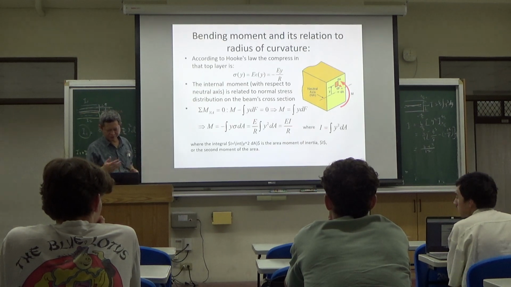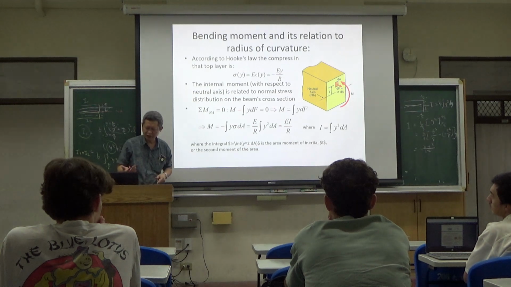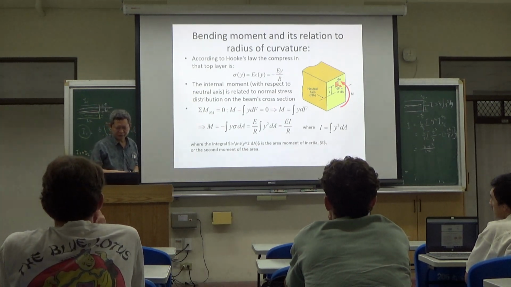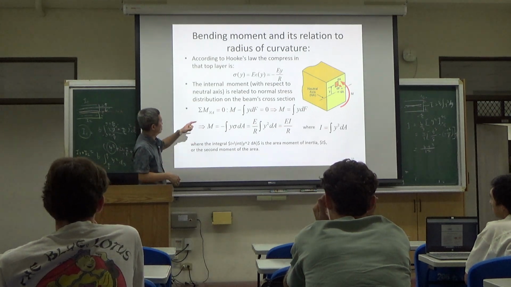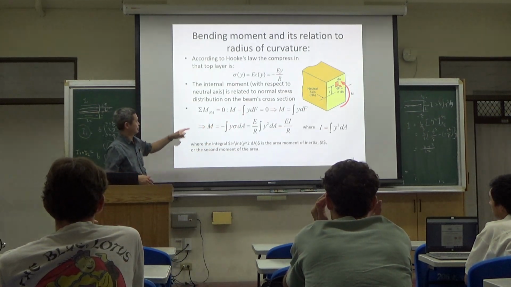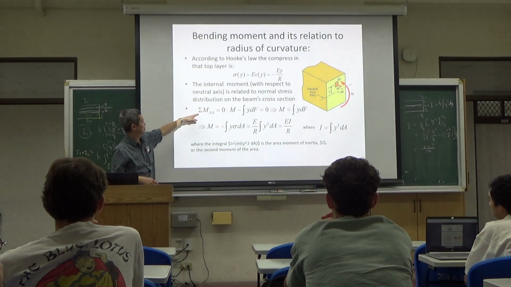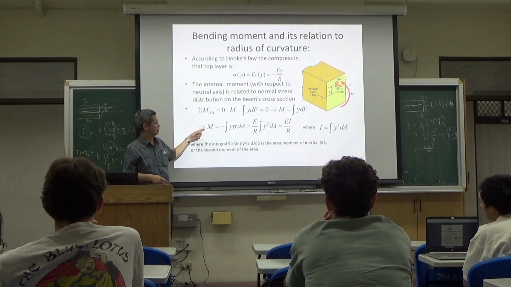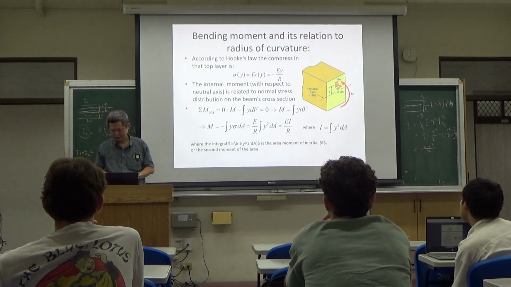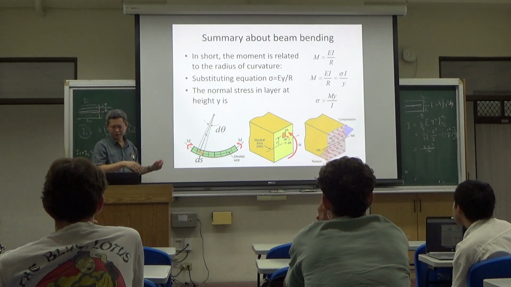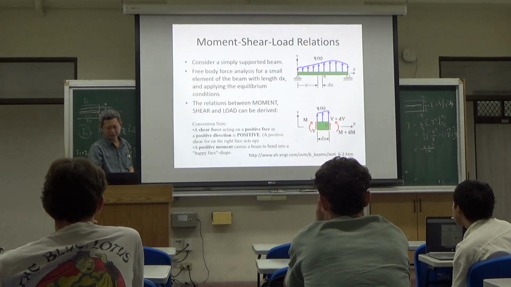And then stress can be expressed as the Young's modulus times the strain. Now if you do the integration of the stress times the area and then times the height away from the neutral axis, then you get the bending moment about the neutral axis. After the integration, you get the expression here. So in summary, you can get these expressions.